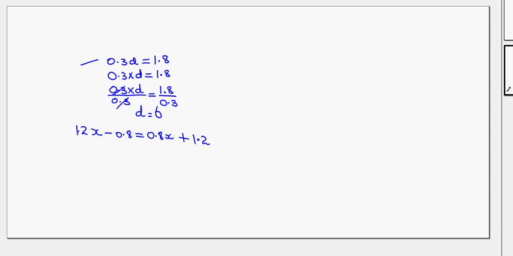Correct? All right. So how do we deal with this one now? Well, we deal with it in the exact same manner that we were dealing with the others, except that these now have decimals in them. So my question to you is, between 1.2x and 0.8x, which one is larger? 1.2x. Therefore, our objective will be to have all the x terms end up on the left-hand side and to remove all the x terms from the right-hand side.